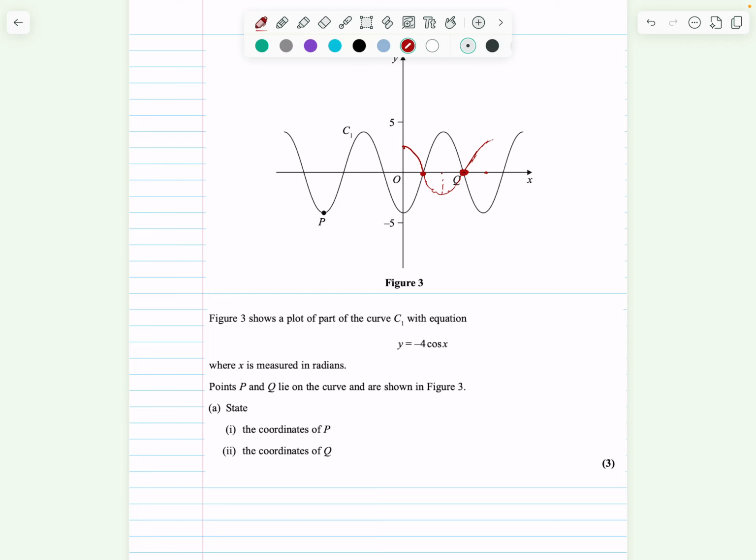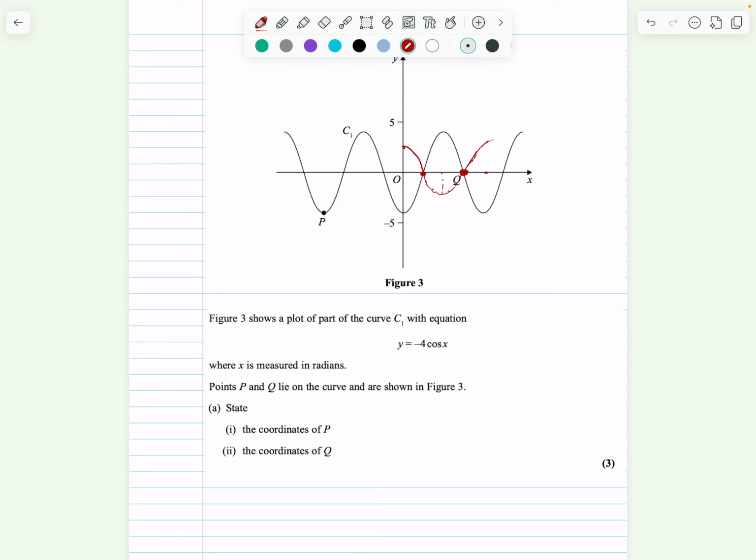Why I'm doing this is that it gives me an idea that the graph of cosine x has the same intersections as negative 4 cosine x. You can find the solutions for negative 4 cosine x by equating it to 0, and it will have the same solutions as cosine x.